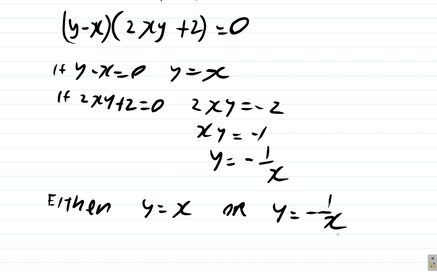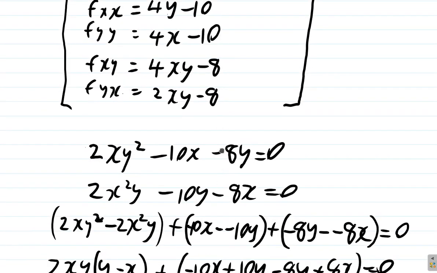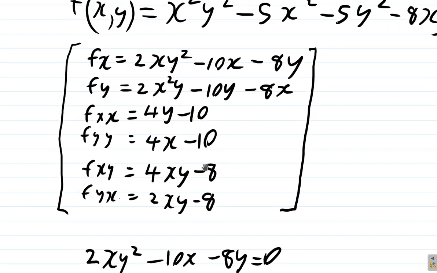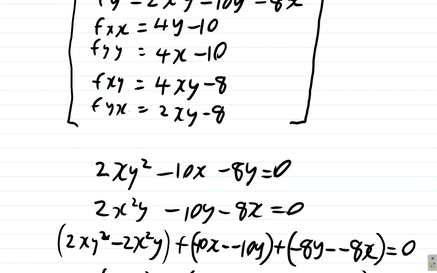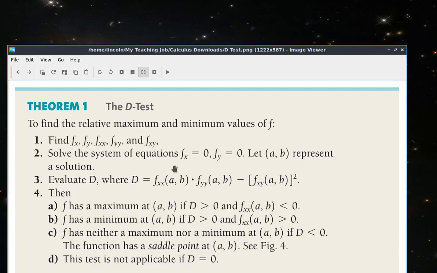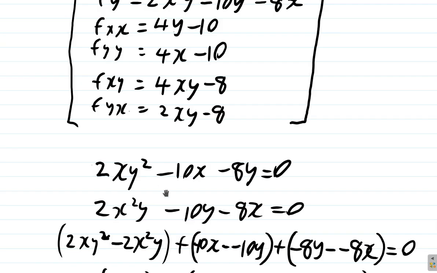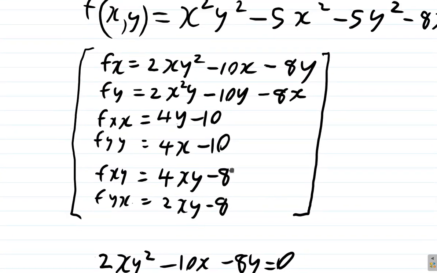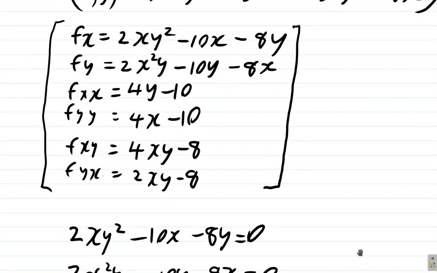Alright? Now, we want to substitute that into the partial derivative that we equated to 0. We're going to have to equate fx to 0, because remember, the next part is to equate them to 0. No, we did that already. My mistake.